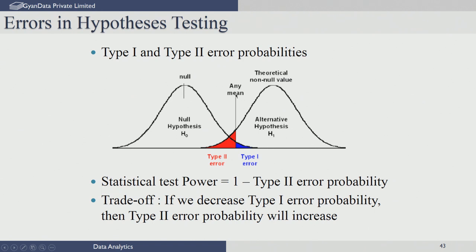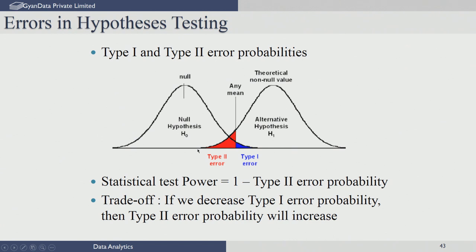Then there is a probability that the test statistic will take a value less than this threshold, and that is given by the probability marked in red, which means that even if the alternative is true, you will not reject the null hypothesis because your test statistic falls to the left of this threshold.